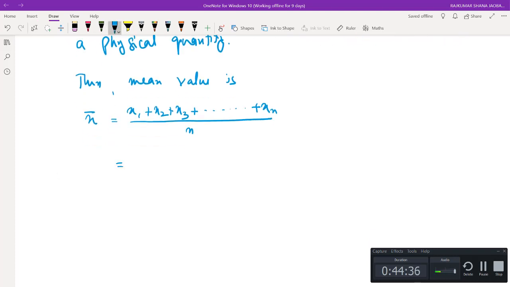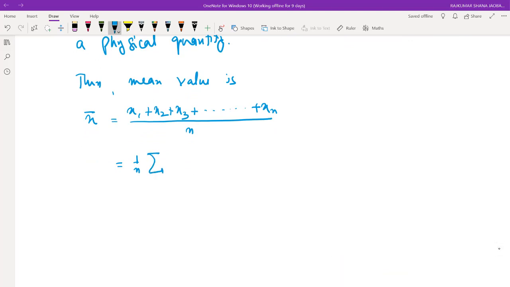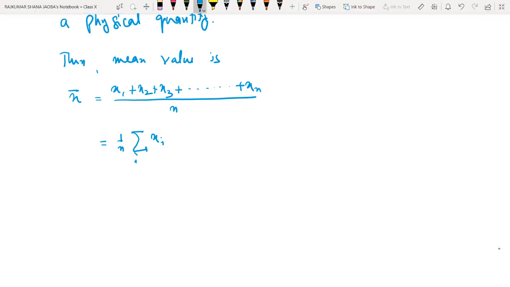So this we can write as 1 by n summation xi, where i is from 1 to n. So this is known as mean value.